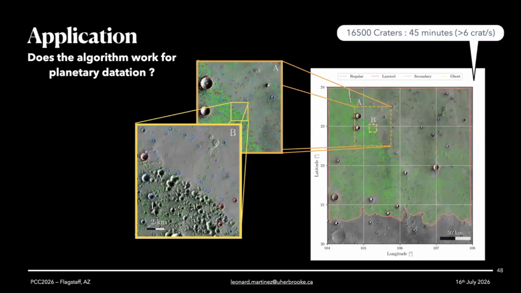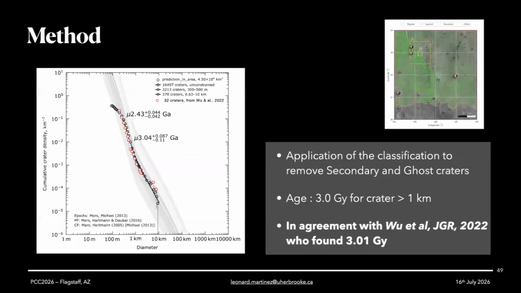Here is a small application. We did that around the Zhurong rover landing site on Mars. It detected a lot of craters, around 6 craters per second, which is nice. We wanted to verify whether it works for the dating, so we compared ourselves with the manual crater counting analysis made by Wu and collaborators in 2022.